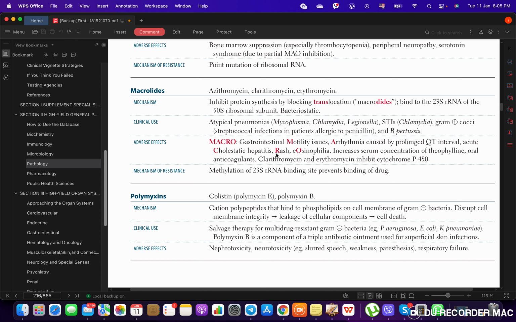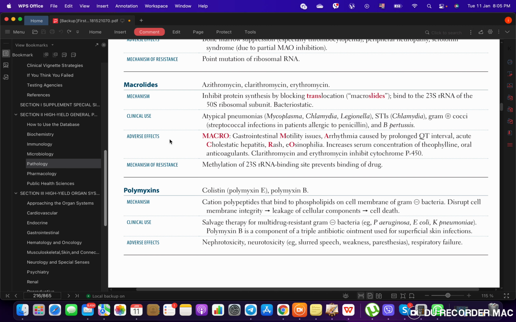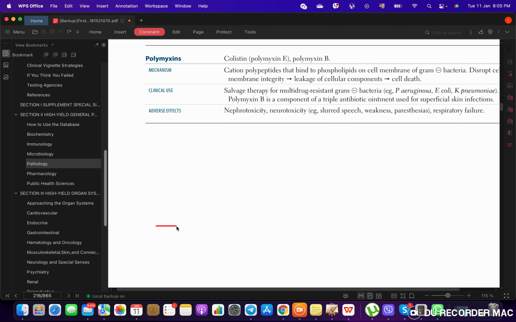Acute cholestatic hepatitis. Yes. So people, about the QT interval or about the motility? Okay. So there are two antibiotics you must know that lead to prolonged QT interval. The first one is macrolide, and the second one is the fluoroquinolones.